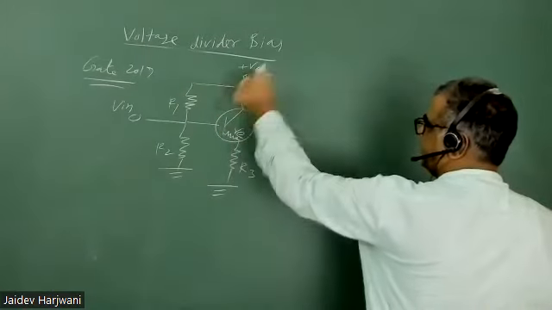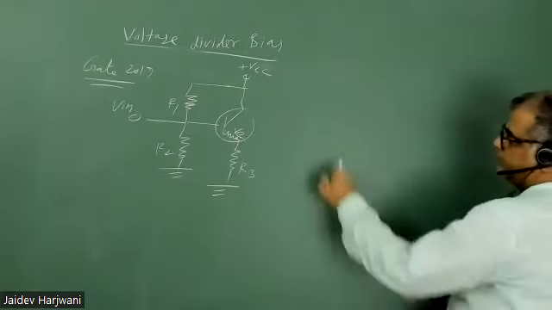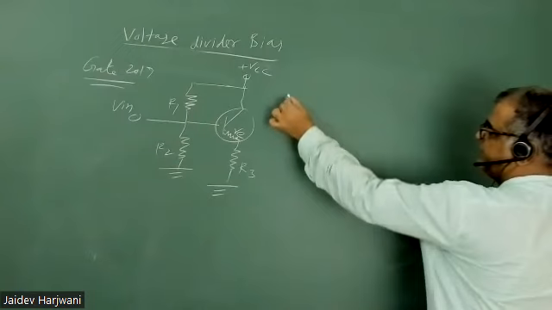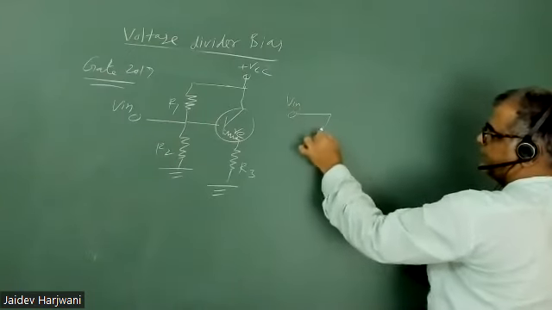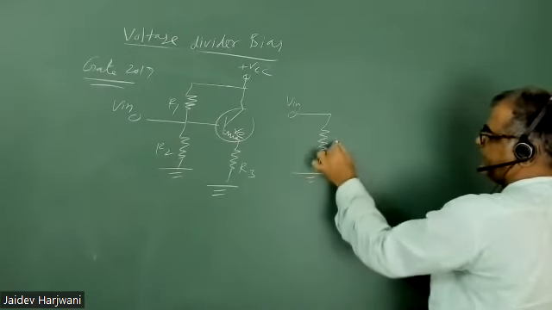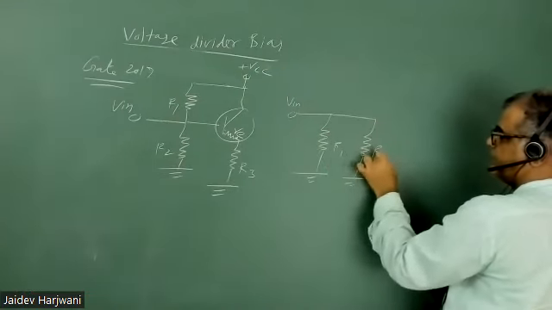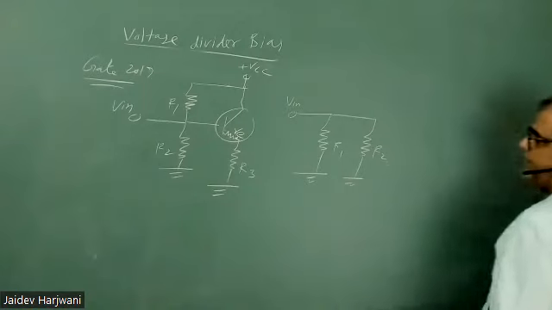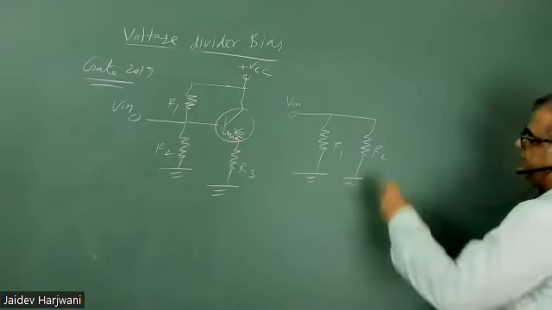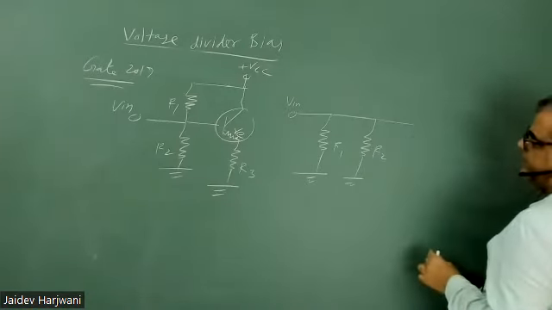Now the simplified circuit will be: this is V input, this will be your R1, this will be your R2. And now here what will become?